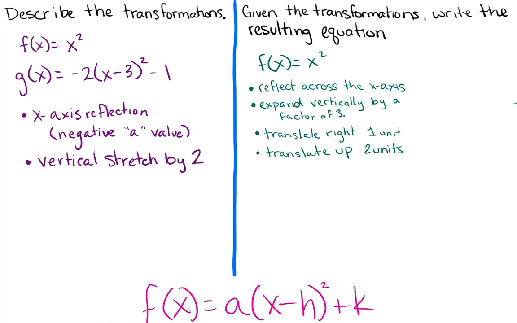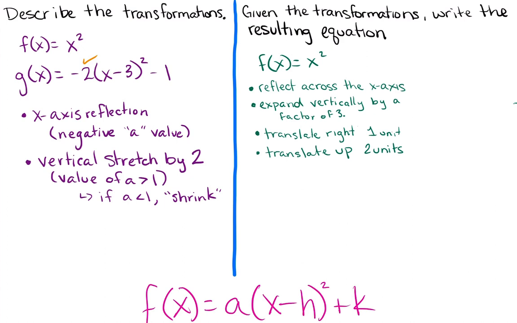And that's coming from the value of a being greater than 1. Note that if a is less than 1, then you would say vertical shrink. Okay, so that's covering what I'm seeing in front of the x value here.